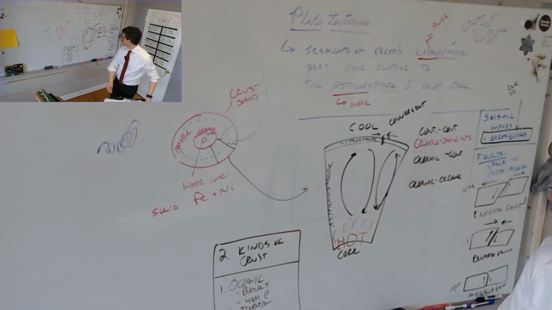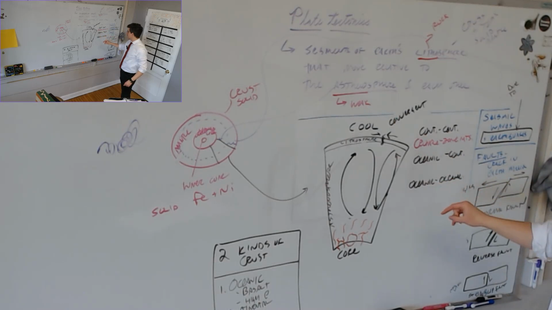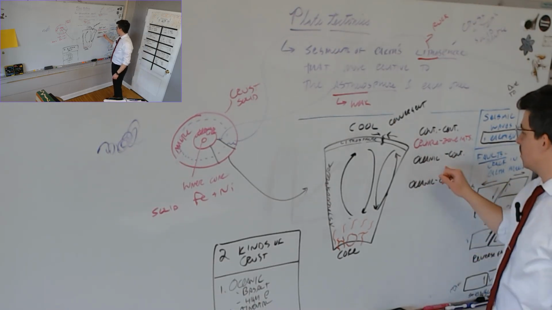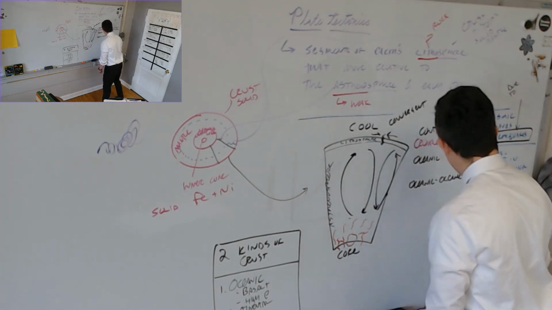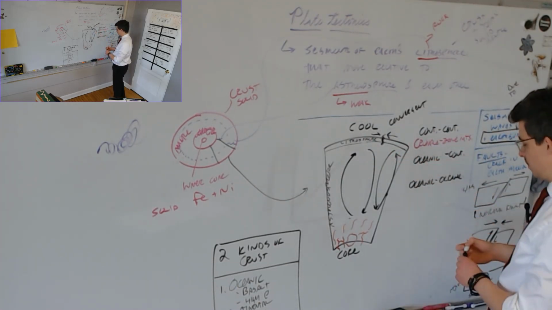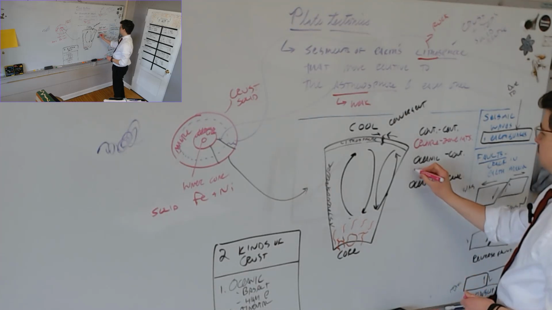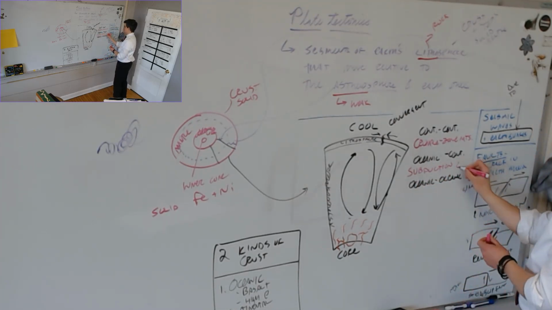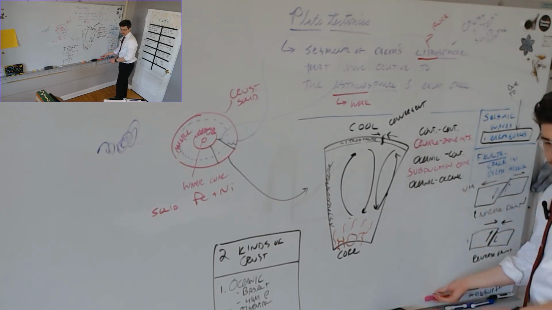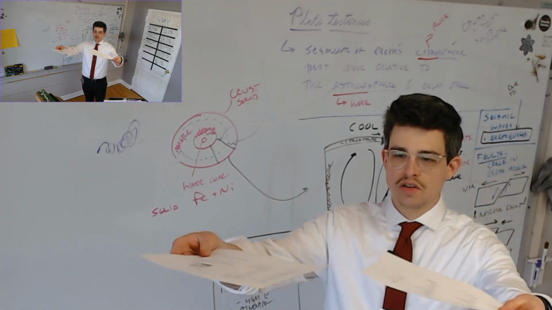Another thing that can happen, and that's because these are both relatively low density. With this one, one of these noticeably has a larger density. The oceanic crust is more dense, and therefore it subducts. Subduction. Subduction zone. And that's like this.